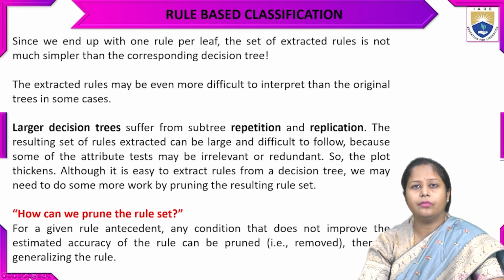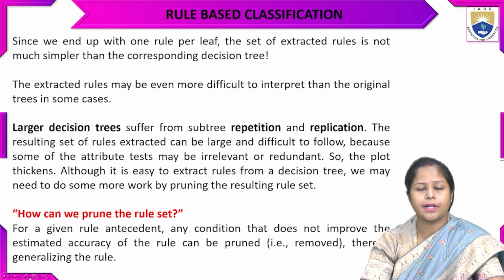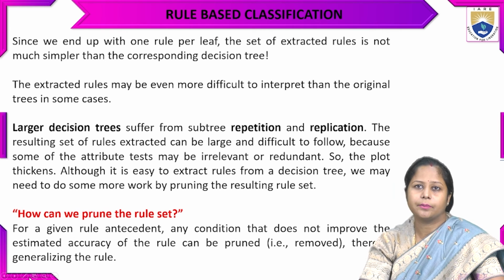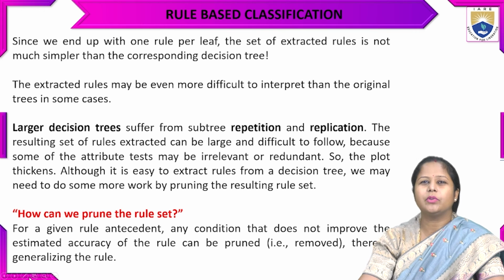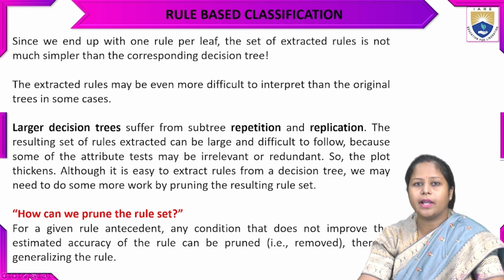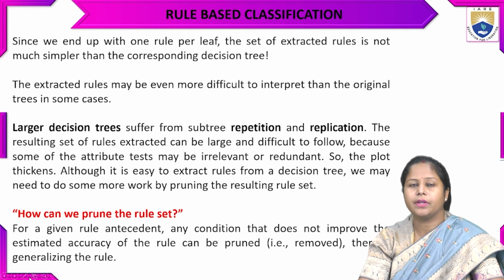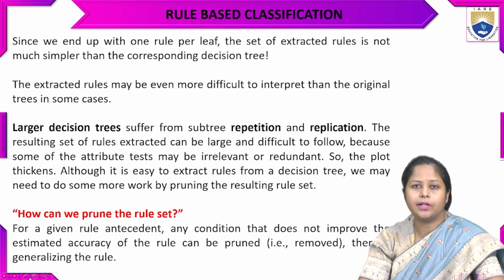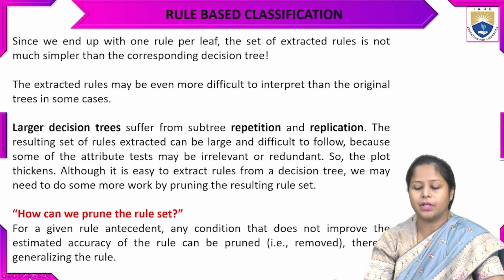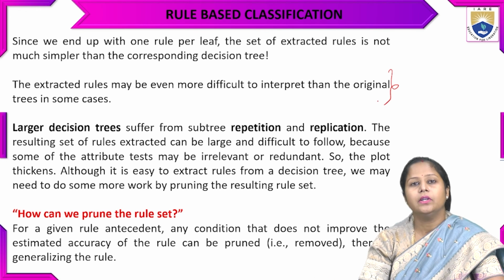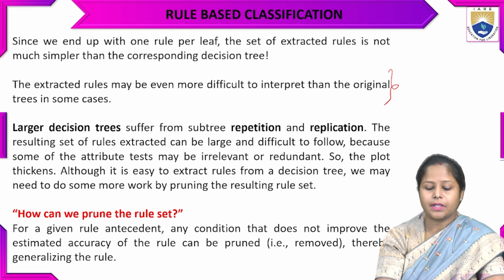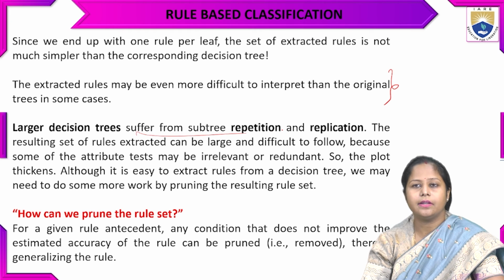Since we end up with one rule per leaf, the set of extracted rules is not much simpler than the corresponding decision tree. There can be language problems and mistakes in writing the rules, so graphs are always better. The extracted rules may even be more difficult to interpret than the original tree in some cases. Larger decision trees suffer from subtree repetition and replication.